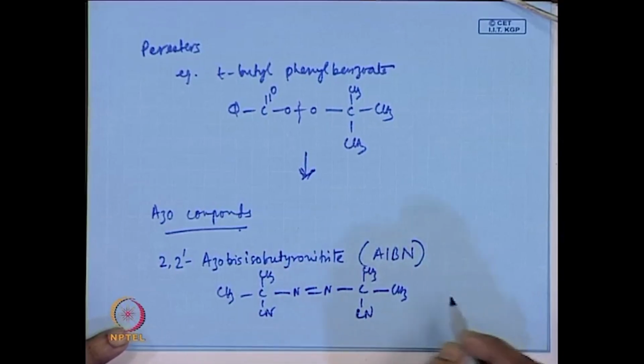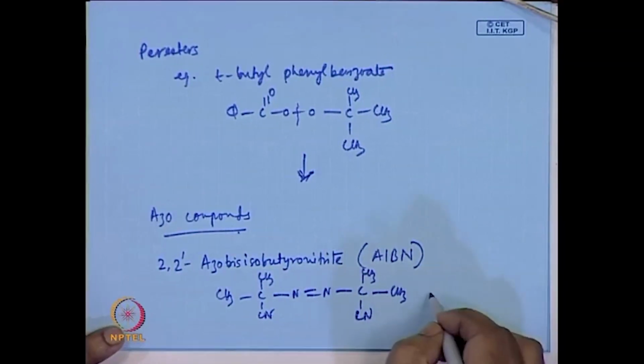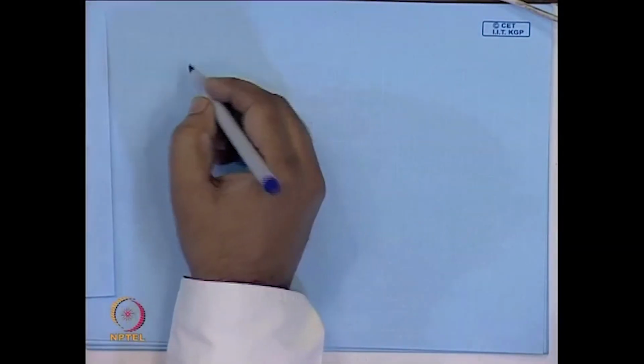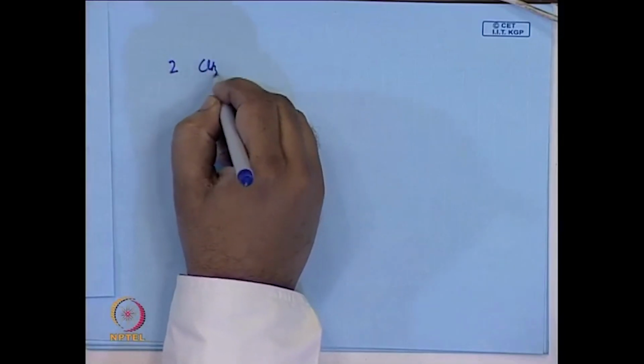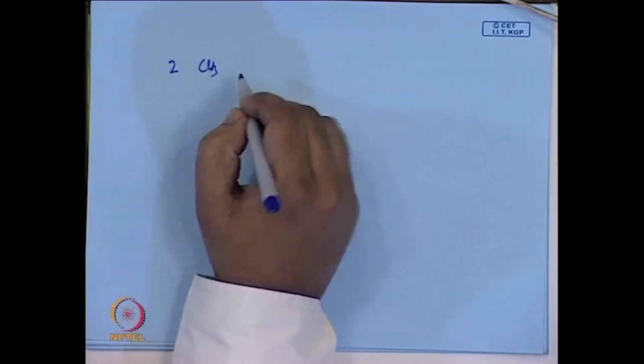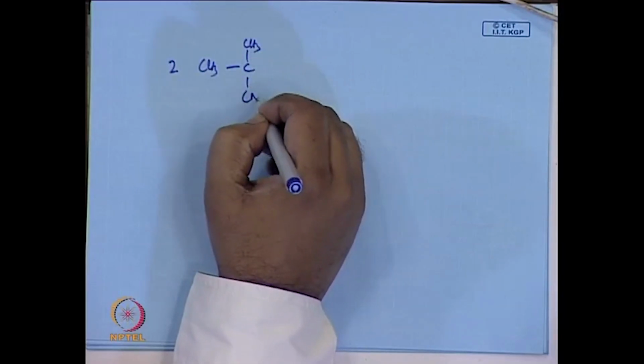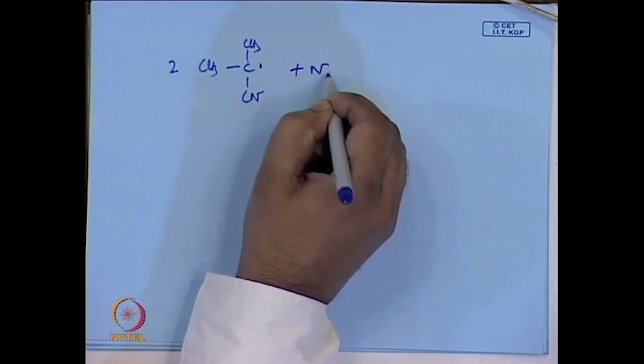Now, this can break into two species. Let us write in the next page. Plus N2.